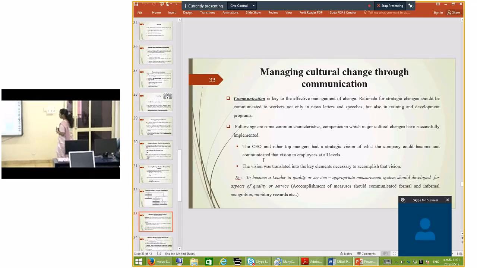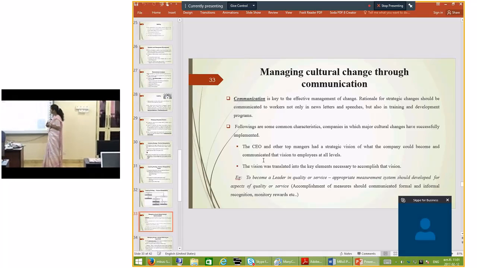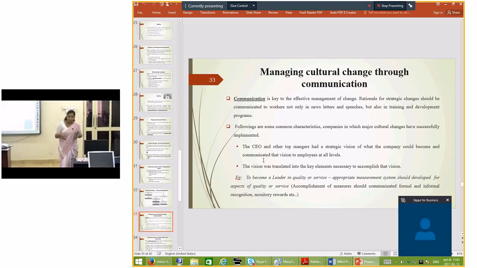The rationale for strategic changes should be communicated to workers not only in newsletters and speeches but also in training and development programs. Although we say blah blah blah in a newsletter, in writing it might not be workable. Sometimes we have to give them hands-on experience. Then only they might become aware of the real scenarios.